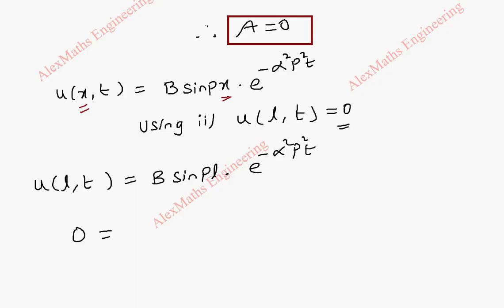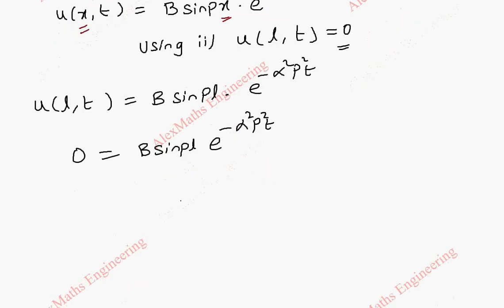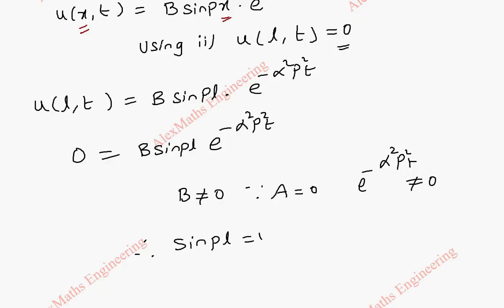From this we cannot take B as 0, since already A was 0, so the other constant cannot be 0. Again e power minus alpha square p square t is not possible to be 0. Therefore, the only option left is sin PL must be 0.